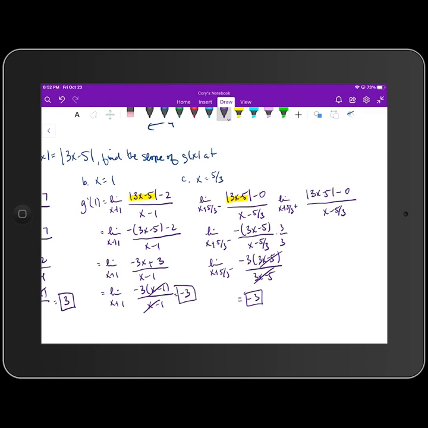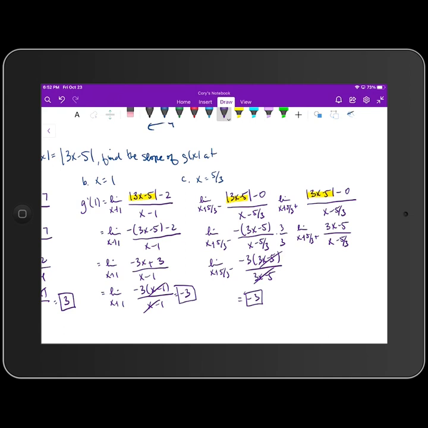So again, just like we did with our left-hand limit, if I consider values of x that are slightly bigger than 5/3, I'm going to get a number inside the absolute value bars that is positive. And when we take the absolute value of something that's positive, we're just going to leave the expression alone. So that absolute value expression becomes 3x minus 5 over x minus 5/3.